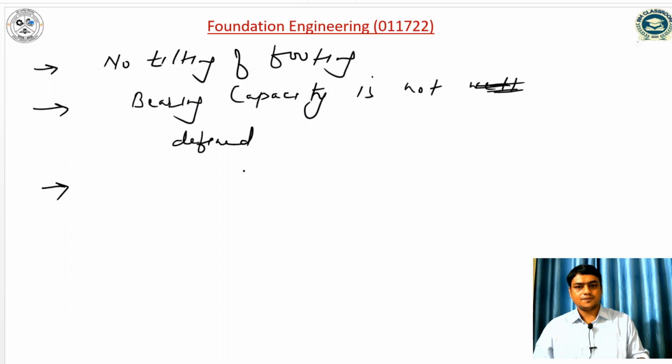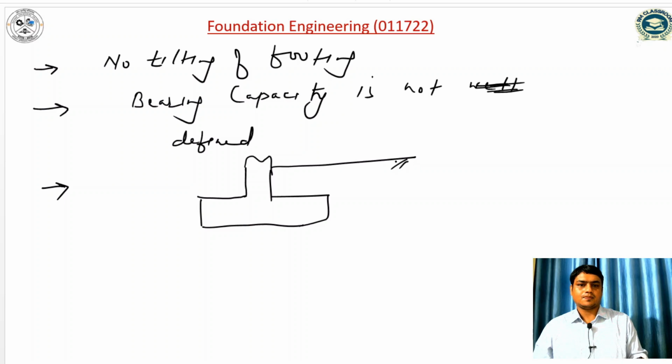If I draw the pattern, so this is the footing, so nothing will happen, no failure pattern, nothing will happen in punching shear failure.